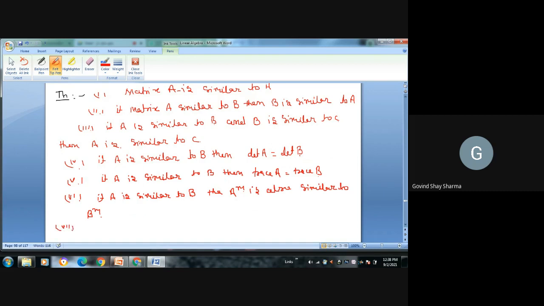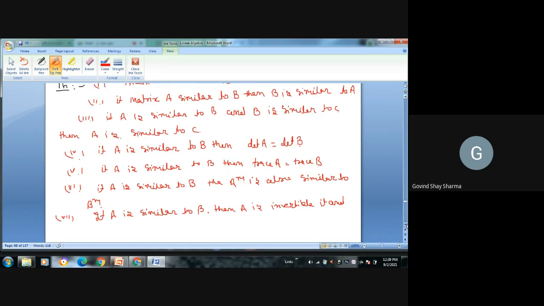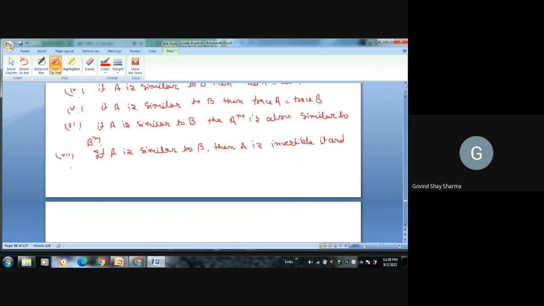If A is similar to B, then A is invertible if and only if B is invertible.